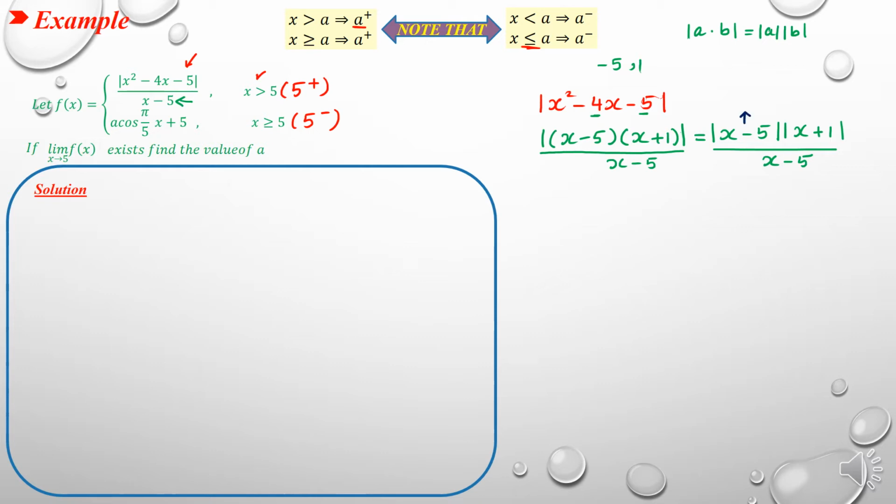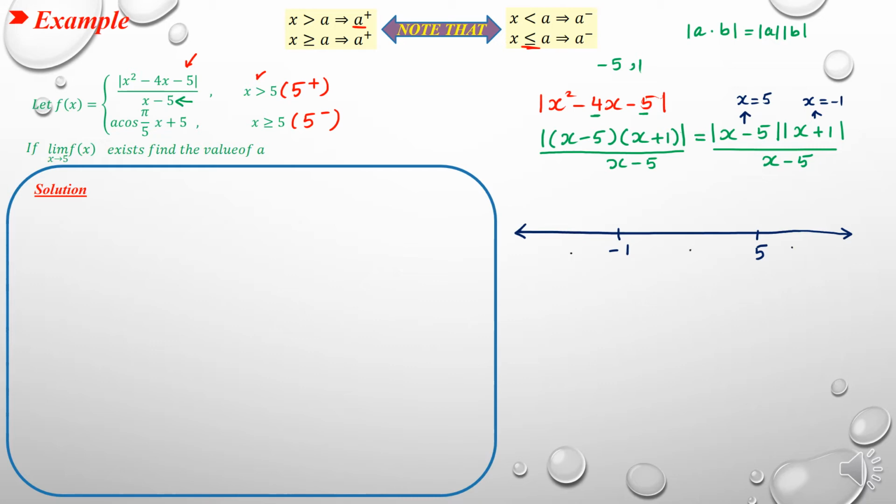The zero here is x equals 5, and the zero here is x equals -1. Then you have to put them on the number line. So here we have x equals -1, and here we have x equals 5. So we have 3 intervals.